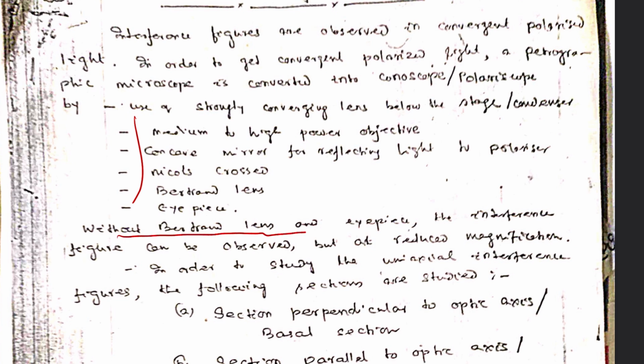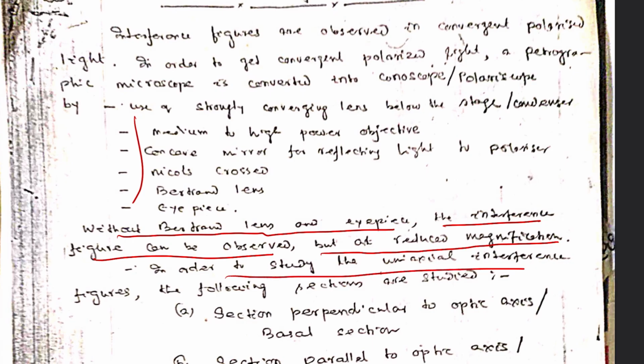Without the Bertrand lens and eyepiece, the interference figure can be observed, but with reduced magnification. In order to study the uniaxial interference figure, the following sections are used.